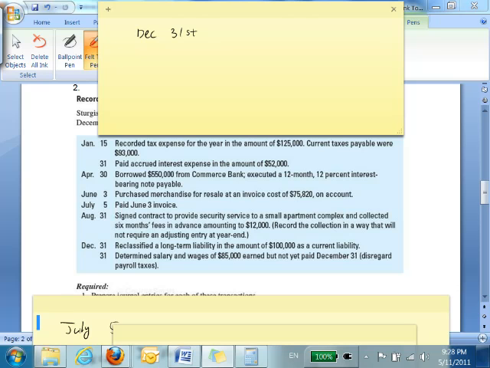So interest expense and interest payable. The company incurred interest expense, and interest payable would also increase.